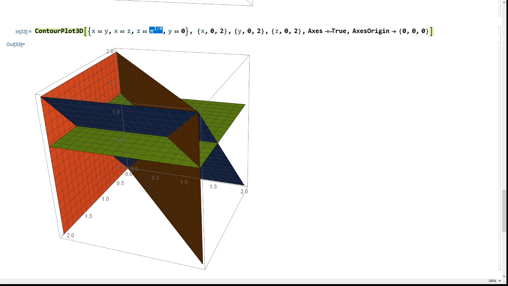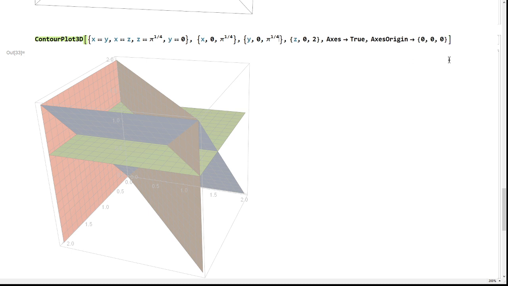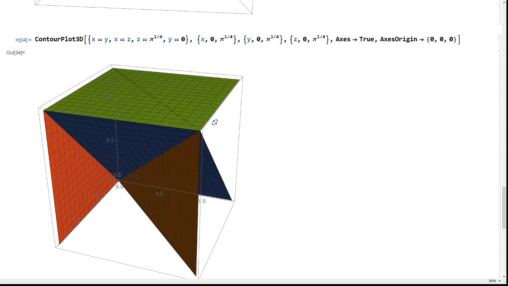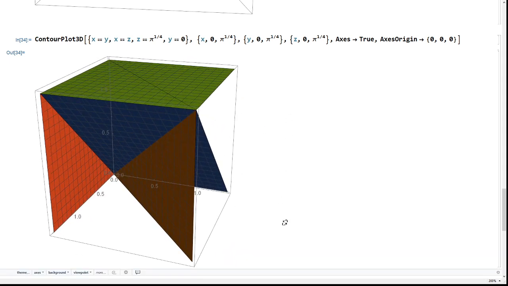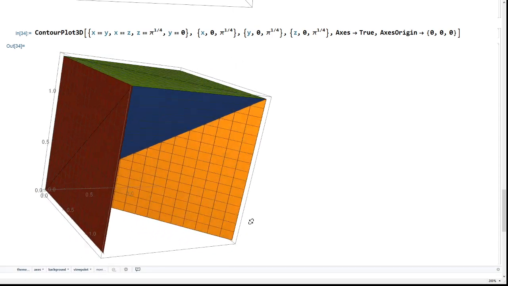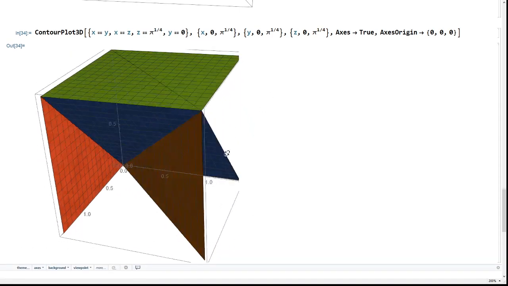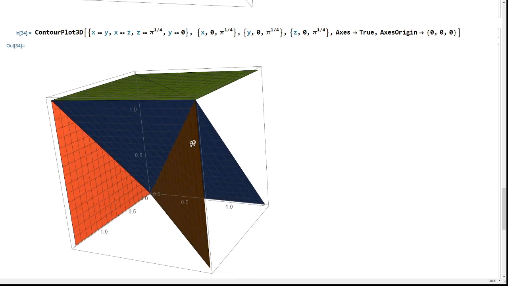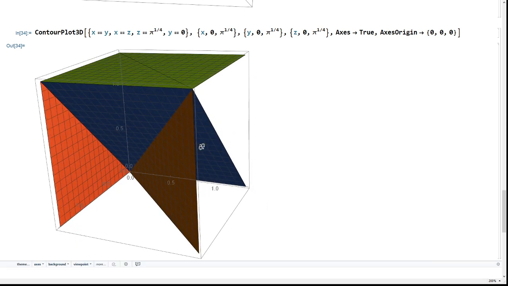Might even be a little better to cut all these off at that value. Maybe that looks any better, but there's a solid bounded by all these pieces. So we want to try and integrate over this region.